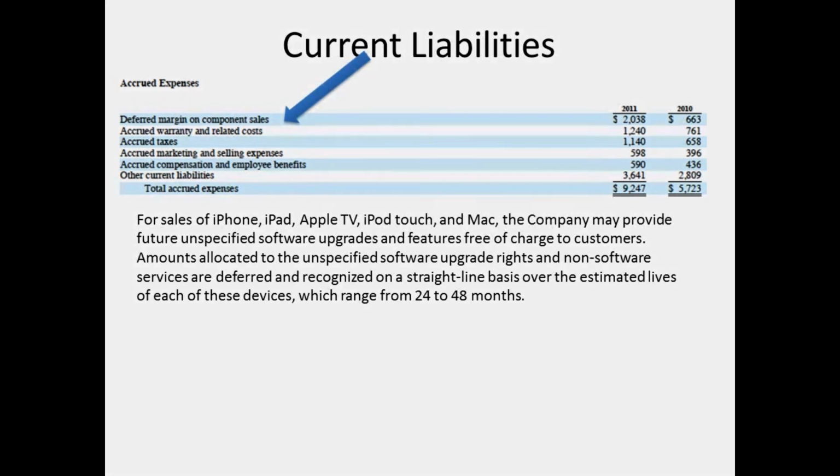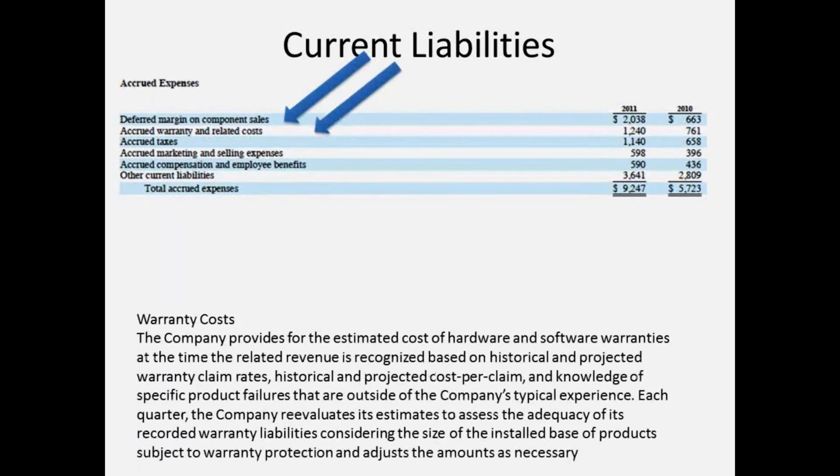Okay, it's not like the software specifically costs them money because it doesn't come on a CD or anything, but the development of that software costs them money, and the obligation to you to satisfy that is an expense. Okay, so that's what they're telling you. These software rights that you have represent an obligation. They are not completely done. They are obliged to provide you with this additional support over the next 24 to 48 months.